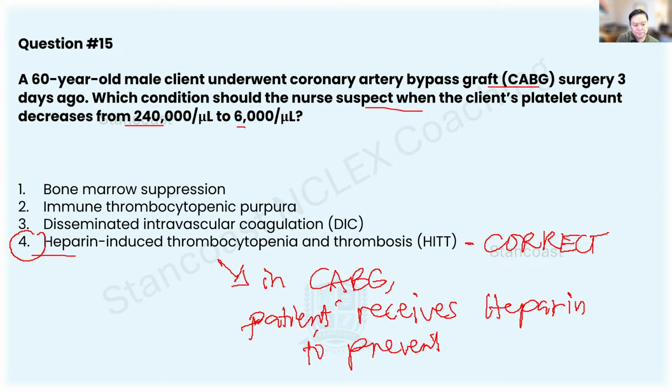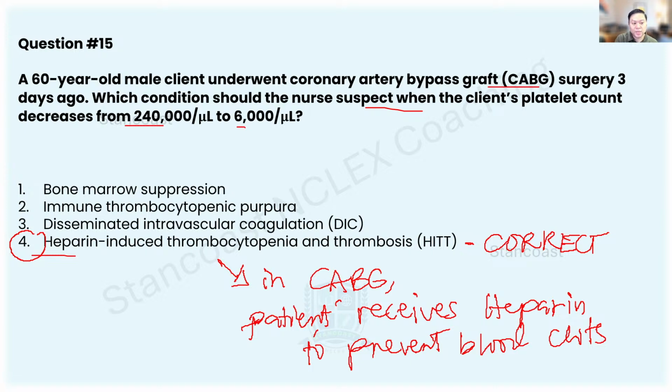And we know that this can lead to a possible reaction. It can lead to the formation of antibodies, and the antibodies will now attack the platelets. The autoantibodies will activate more platelets, which will lead to the formation of more clots. Thrombotic events, right? So that is the rationale, guys.